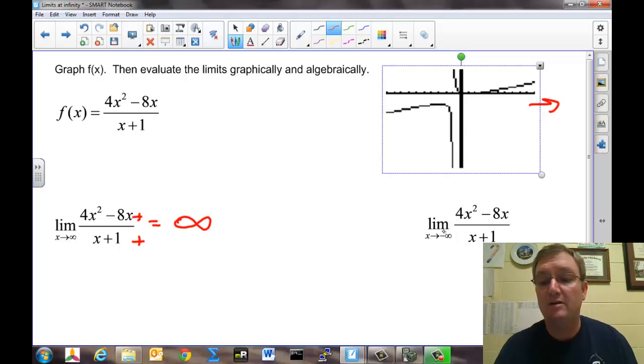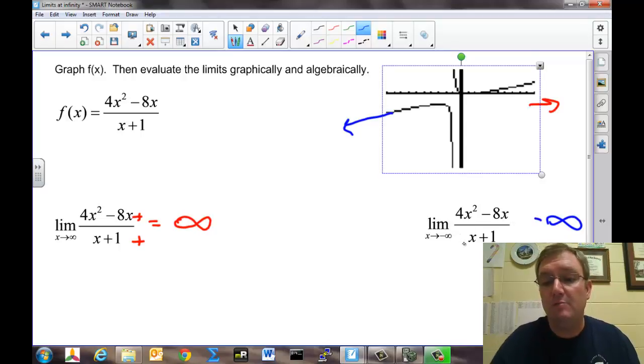What about approaching negative infinity? Looking at the graph on this one, it looks like the function is continuously going down. So we would conclude from that that it's approaching negative infinity. Does our algebra support that? If I put a negative number in here, negative 1,000, negative 10,000, this is going to be negative in the denominator. What's happening in the numerator?